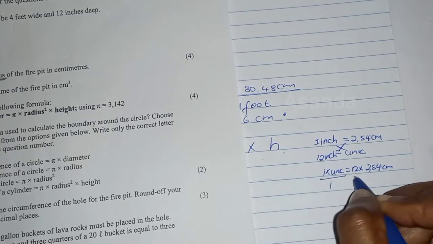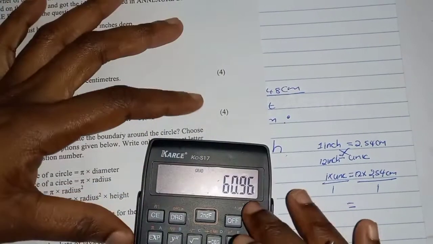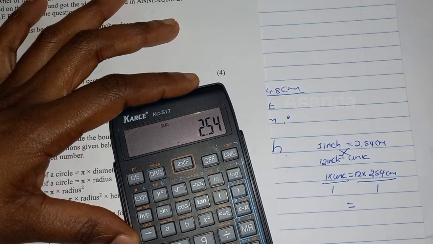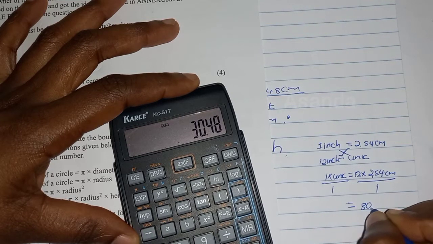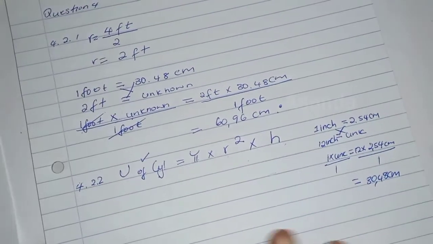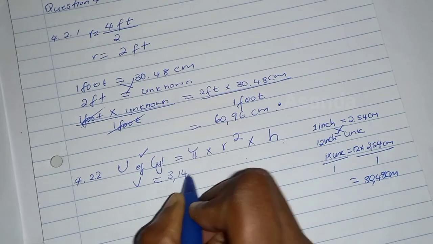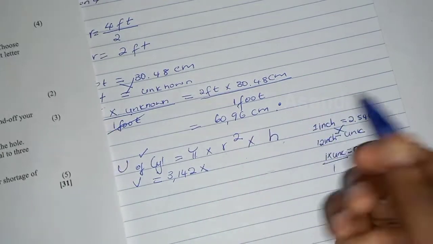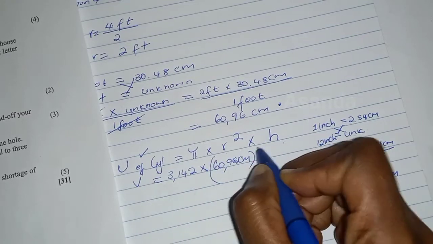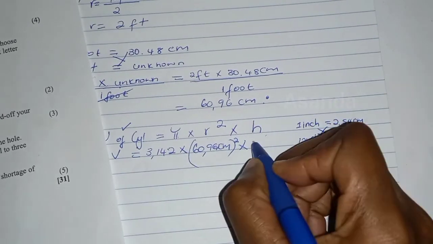Then I divide by 1, and I get my height, which is 12 times 2,54, so it's 30,48 centimeters. Now I'm just going to come here and substitute. Volume is still unknown. Pi is 3,142 multiplied by a radius, which is 60,96 centimeters, and that will be squared, multiplied by the height, which is 30,48 centimeters.